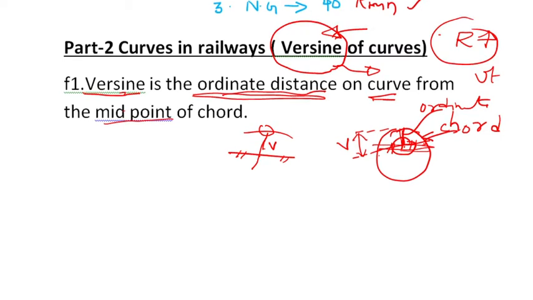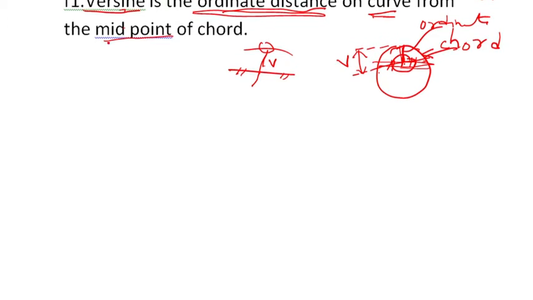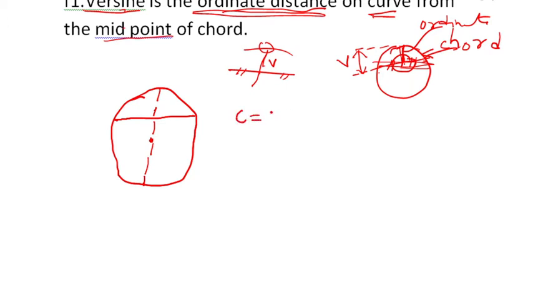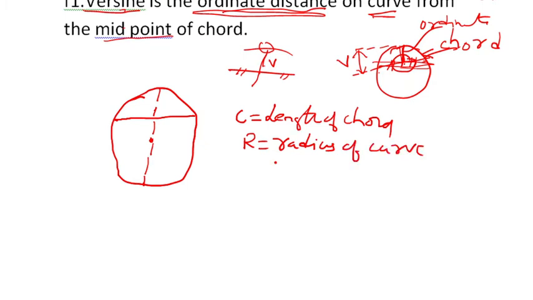Now let us see how to determine this versine. Let us draw a circle. This is the center of the circle, and let us say this is a chord. And you have one more chord passing through the center of the circle. Let us take c as the length of chord, r as the radius of curve, and v as the versine.